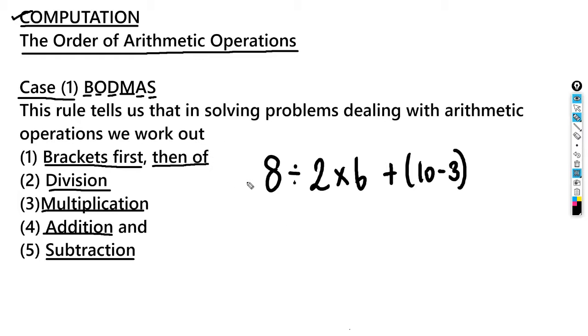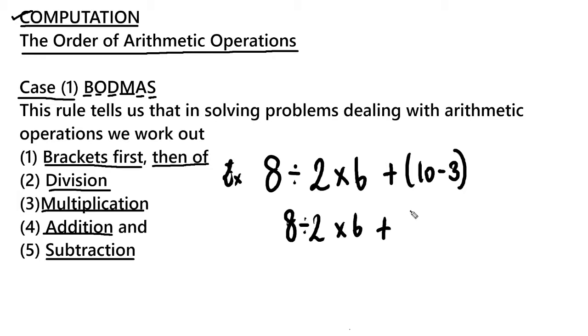Let's look at this wonderful example here. We have 8 divided by 2 multiplied by 6 plus open bracket 10 minus 3 close bracket. The first thing we're going to do is the ones in brackets. So 10 minus 3 in the brackets gives us 7.